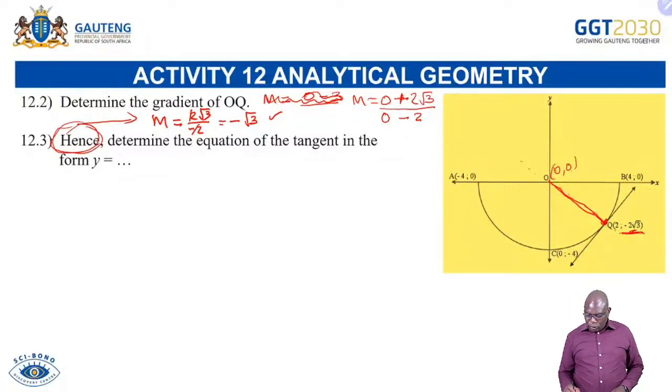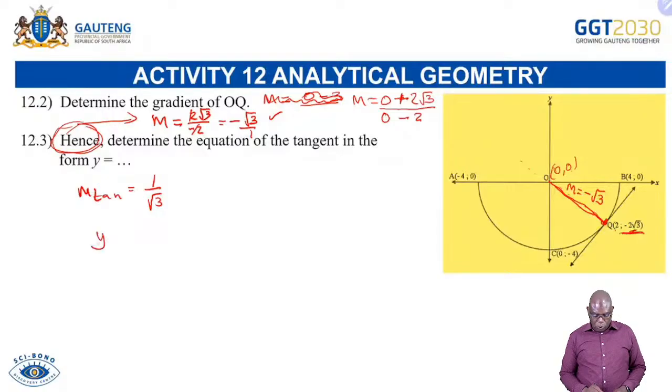I know the gradient of OQ is negative root 3. So what will be the gradient of the other line, which is the tangent? The gradient of the tangent is going to be 1 over root 3, which is a positive value.